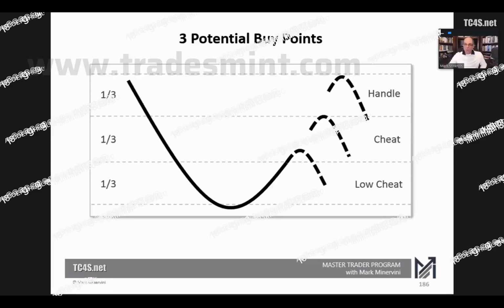Oh, I remember what I was going to say, because it was related to you, Mark. Mark said that in the earlier MTPs, I never even mentioned the low cheats. That's true, for two reasons. One, as you go down in the base, I refer to them as expert buys. When you get to a low cheat, it requires more skill and expertise because you've got more supply to the left now, and you've got to assess that.